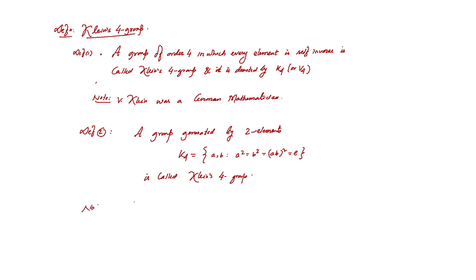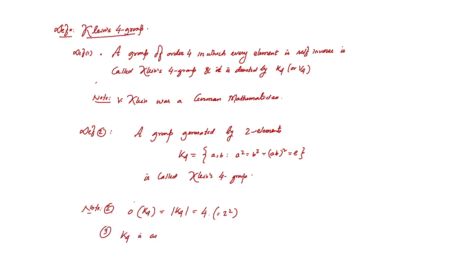And here another important note is the order of K4, or you can write mod of K4, as this contains 4 elements. So here the order is 4, and this we can write as 2 square. So this is an example of not 2, not 3.